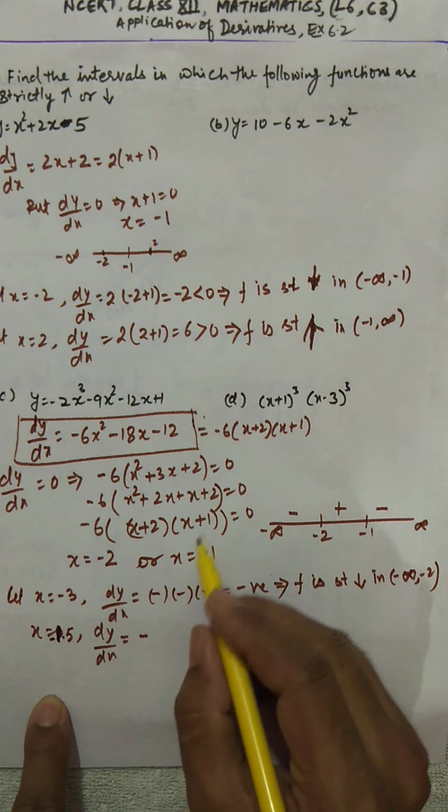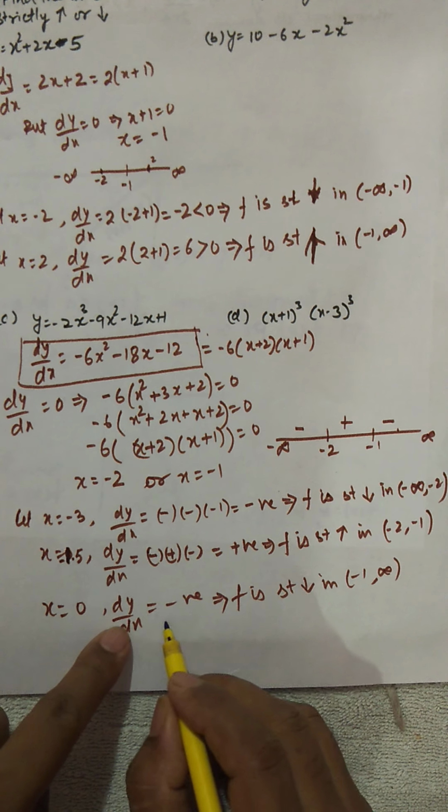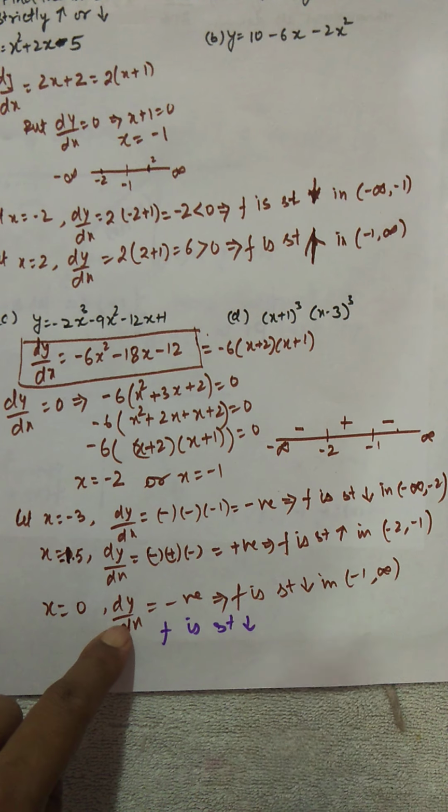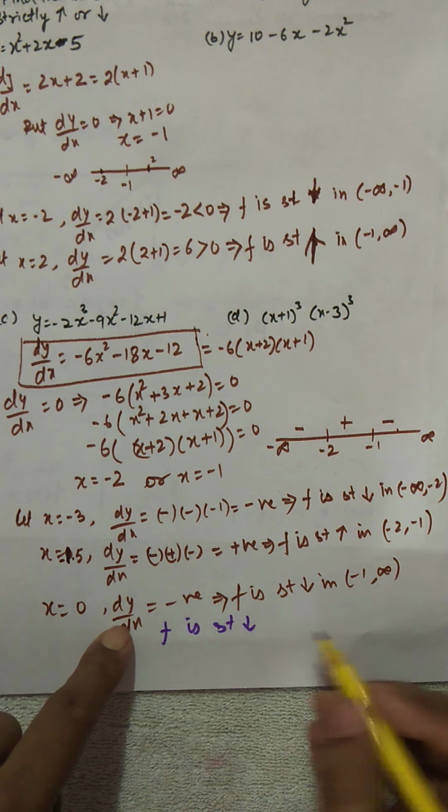So now you can say combinedly, I'm writing this here using a different color, that f is strictly decreasing for -infinity to -2 union -1 to infinity. And you can also say f is strictly increasing in -2 to -1. So you can summarize this way, or you can leave the answer this way also. Both the ways are correct.